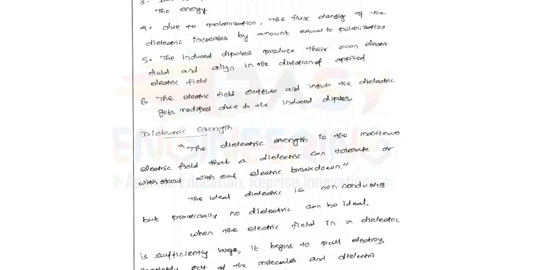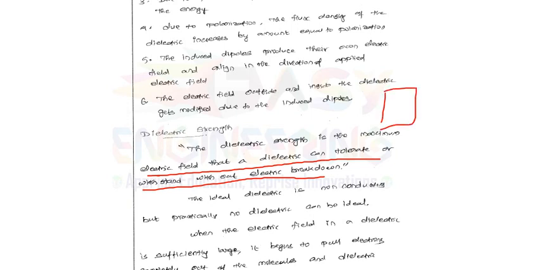So what is dielectric strength? Let us see that. The definition is mentioned here. The dielectric strength is the maximum electric field the dielectric material can withstand before an electric breakdown. If a breakdown occurs, then conduction will take place between the two plates.